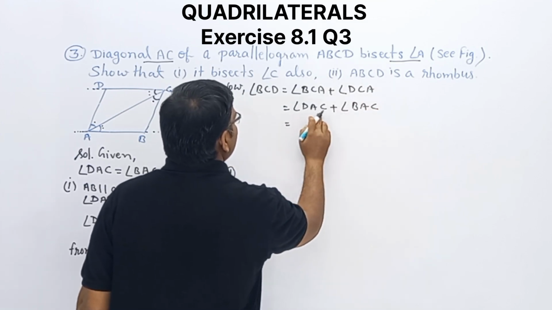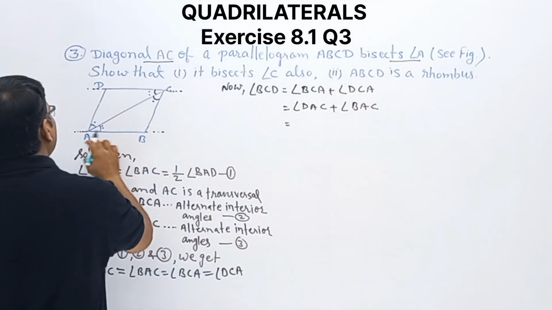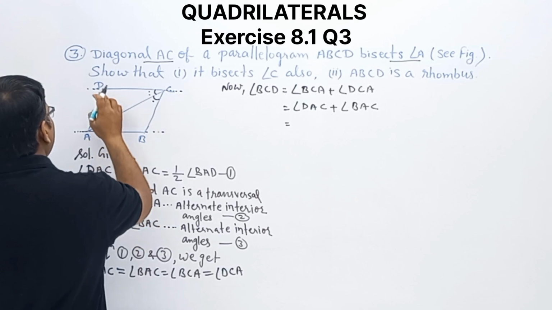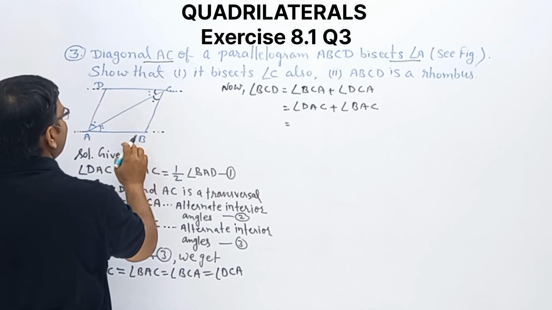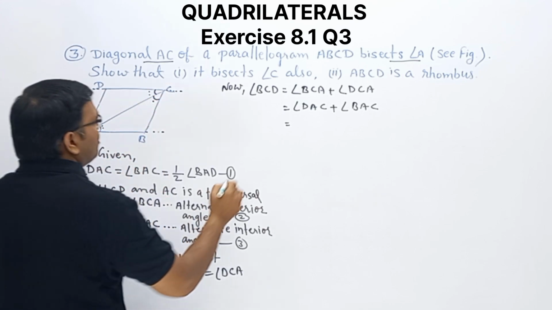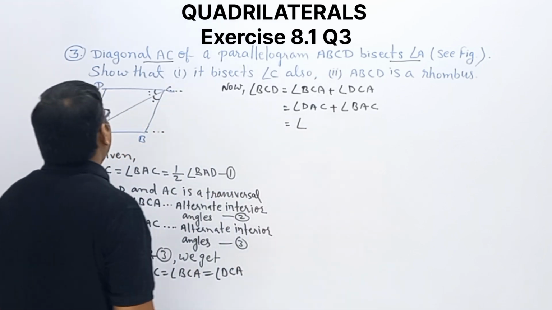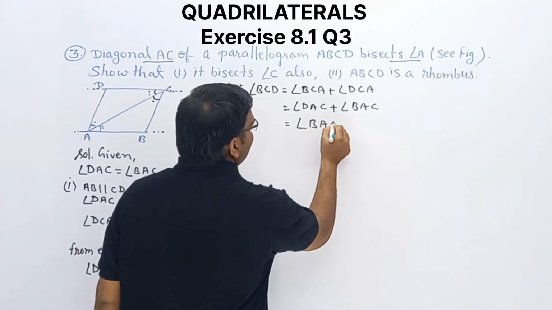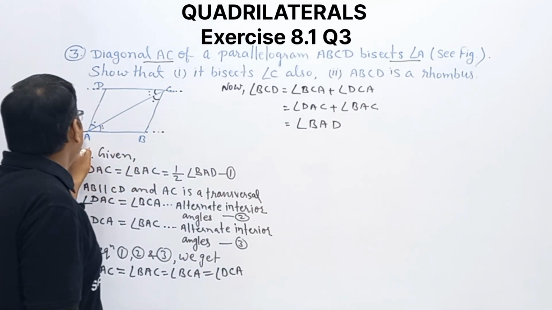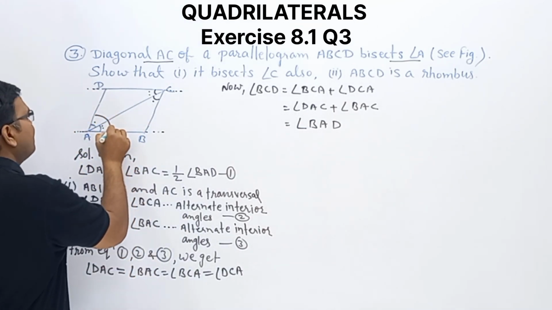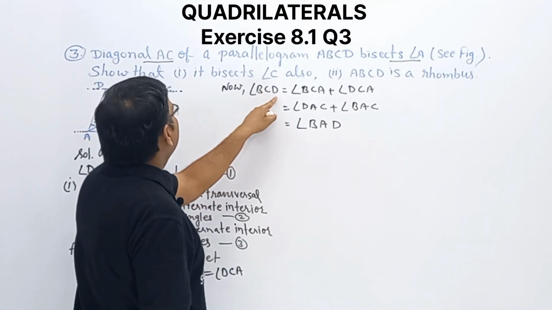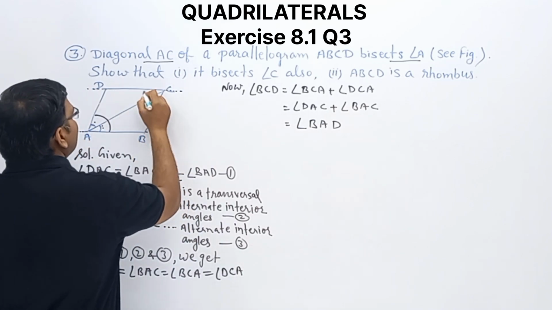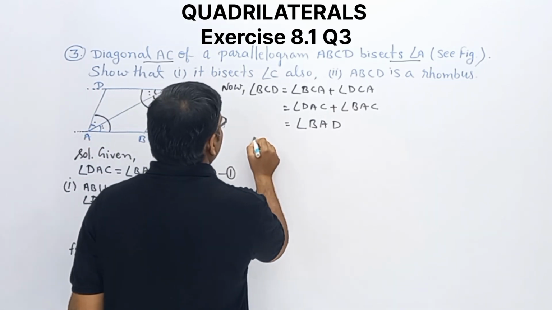So angle DAC plus angle BAC will be angle BAD. It means this angle BAD equals this one, BCD.